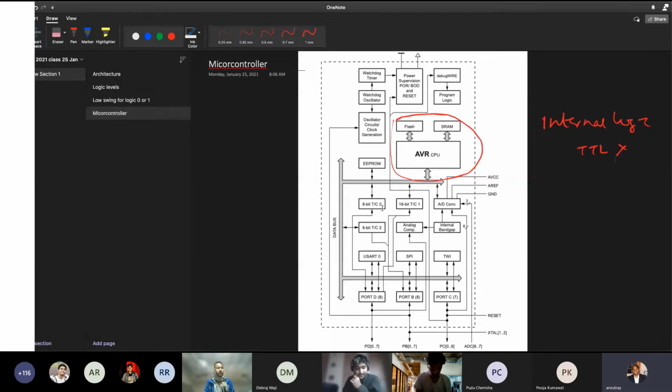These are the IO peripherals, like the analog comparator, the timer counter, USART, SPI. Kirti, what do you think, what disadvantage does low swing have? Anybody can raise your hand and answer. If there is a low swing in the logic level, what is the possible disadvantage?